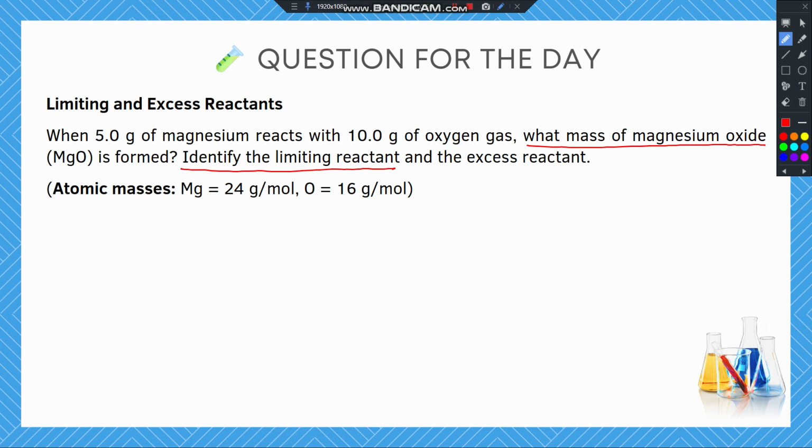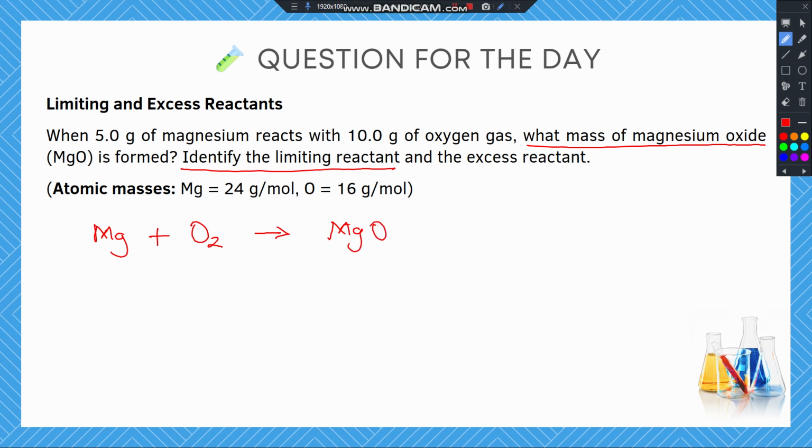The first thing we want to do is to have a balanced chemical equation, because we cannot do without that for solving this question. Magnesium, Mg, reacts with oxygen gas, O2, to produce magnesium oxide, MgO.